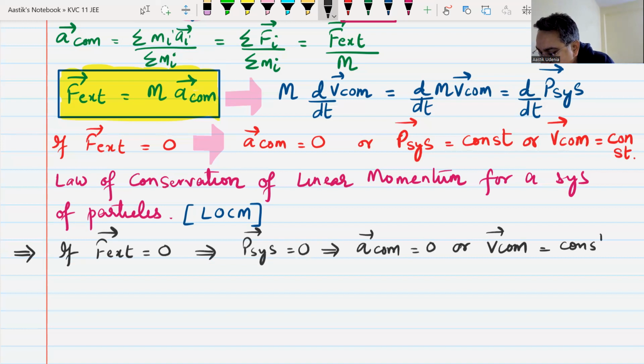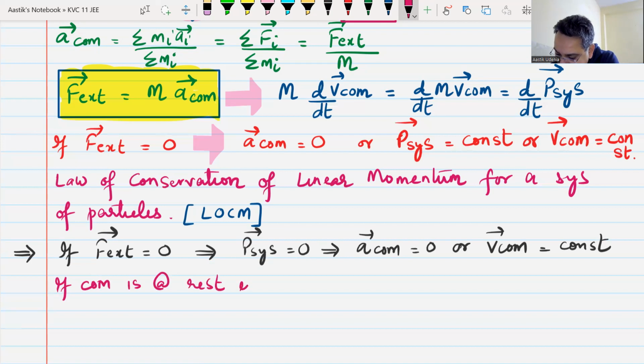Now, acceleration of center of mass is zero. You can write, if the center of mass is at rest, it will remain at rest.